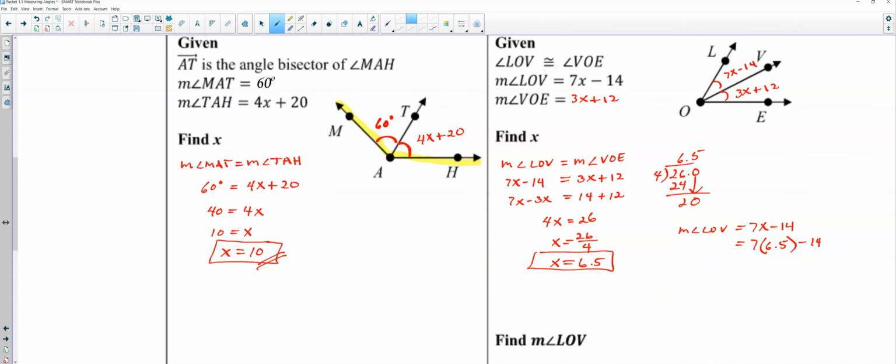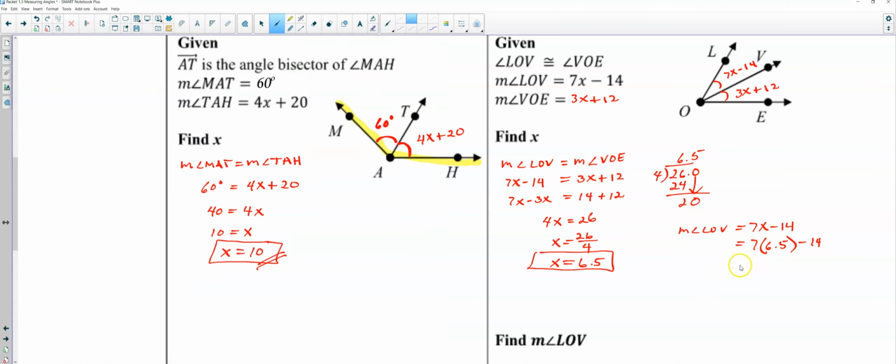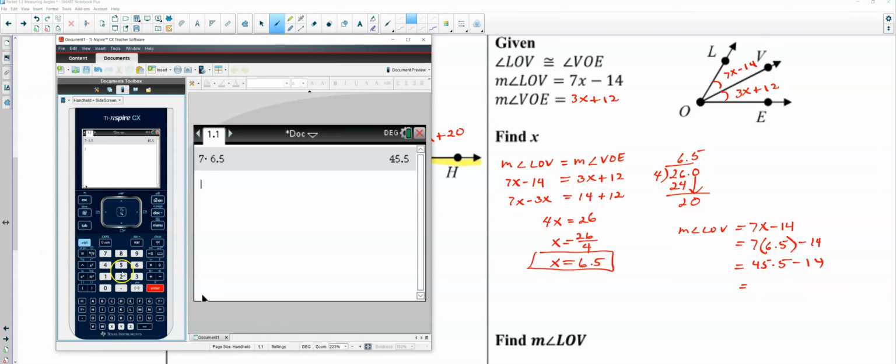7 times 6.5. Let's look for the calculator here. 7 times 6.5 equals 45.5. So that equals 45.5 minus 14. Let me go back to the calculator, put minus 14.